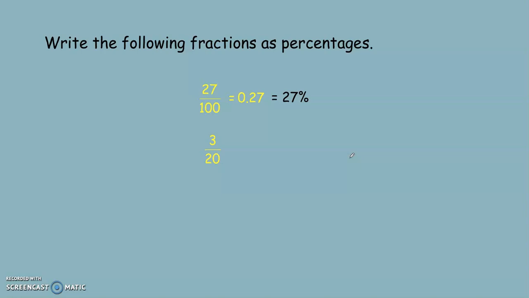This next one's not quite so easy. We have 3/20. So step number 1 in your calculators, type 3 divided by 20. For this one, as a decimal, you should have 0.15. Second step is to multiply by 100 to get your answer.